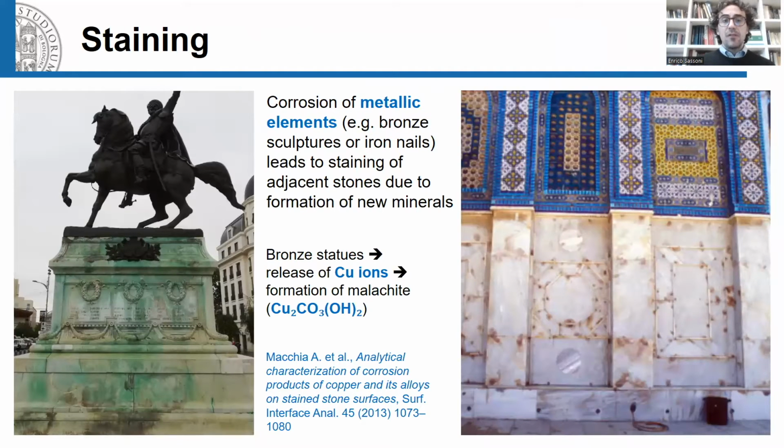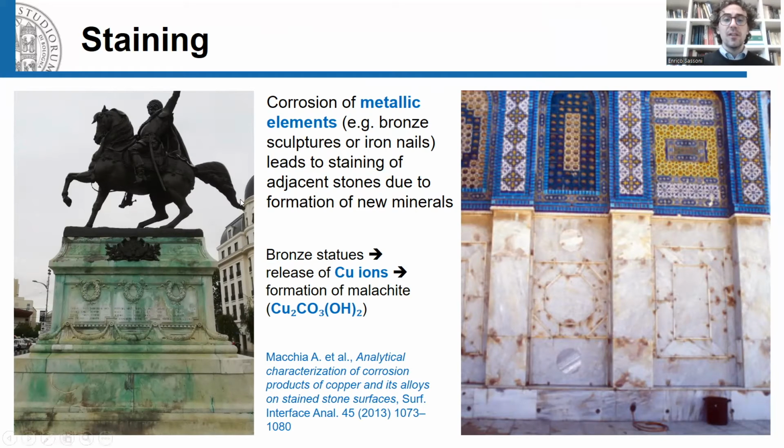Another type of deterioration process that affects virtually all types of stones, but especially marble and stones with low porosity, is staining caused by metallic elements that can be present adjacent to the stones.